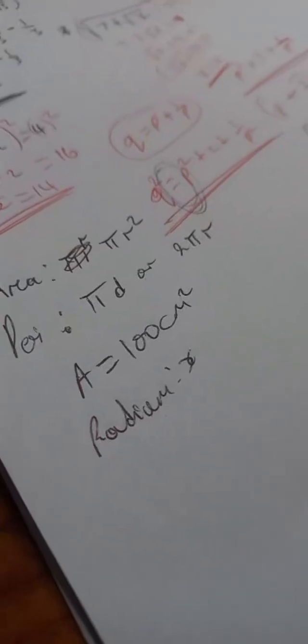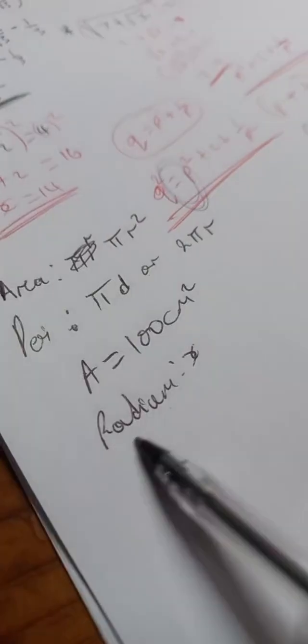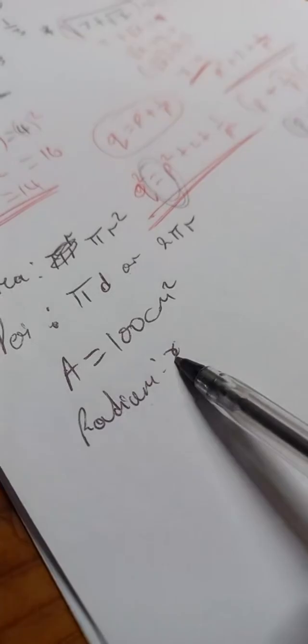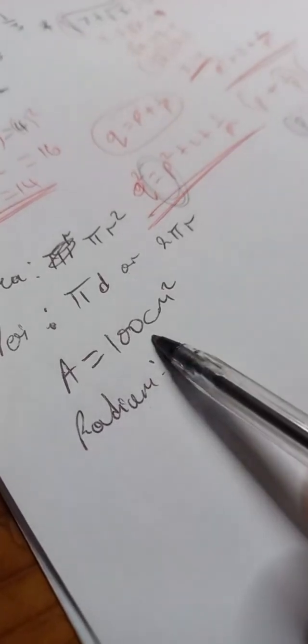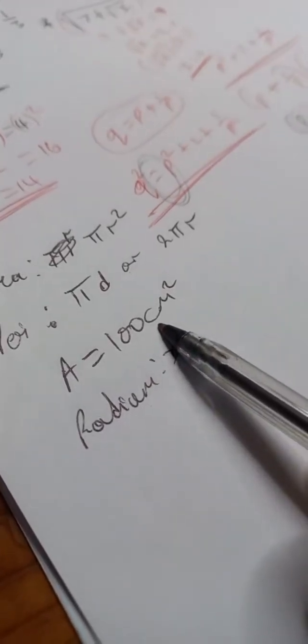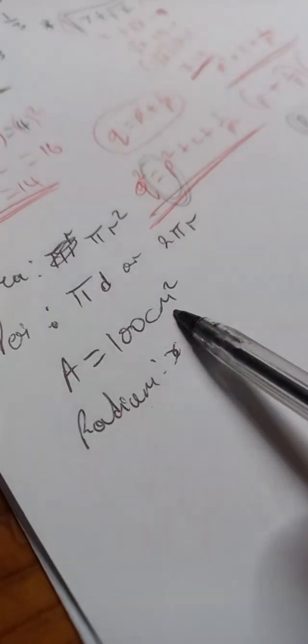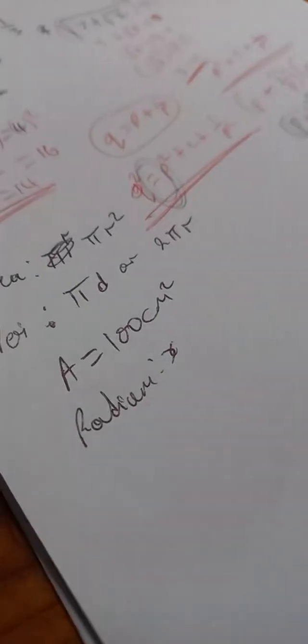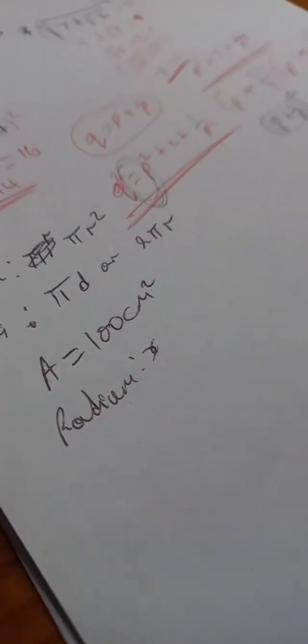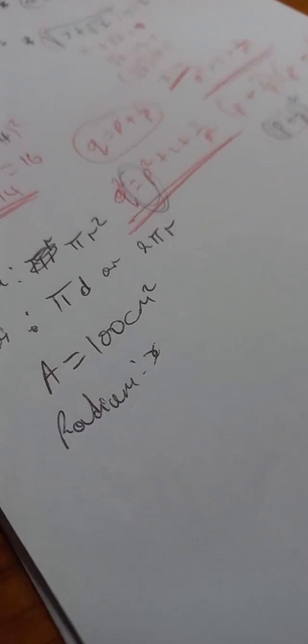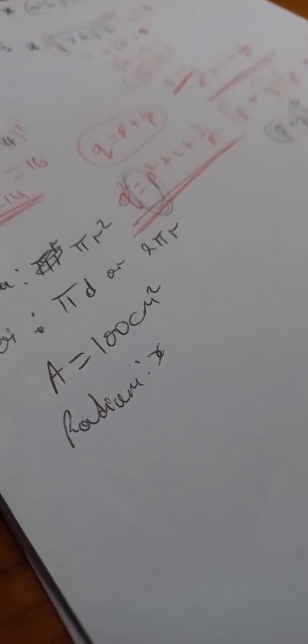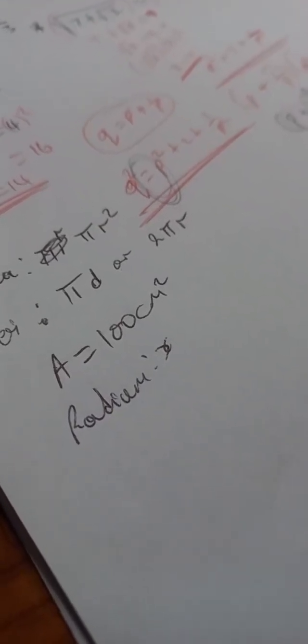For now, Wesley, I'll come back to your question. Radius, it's x, right? We have 100 centimeters squared. As we want to find the value of the radius, we are going to use pi r squared.